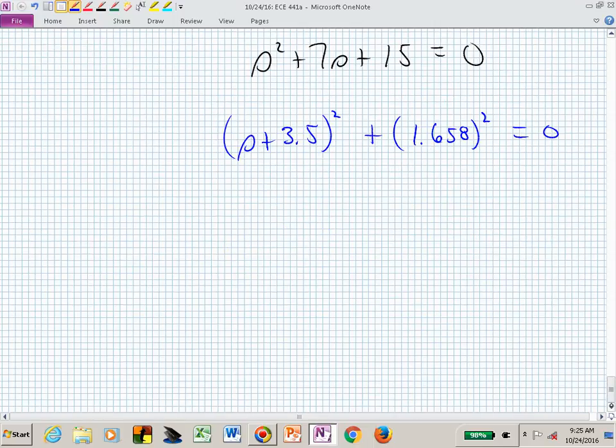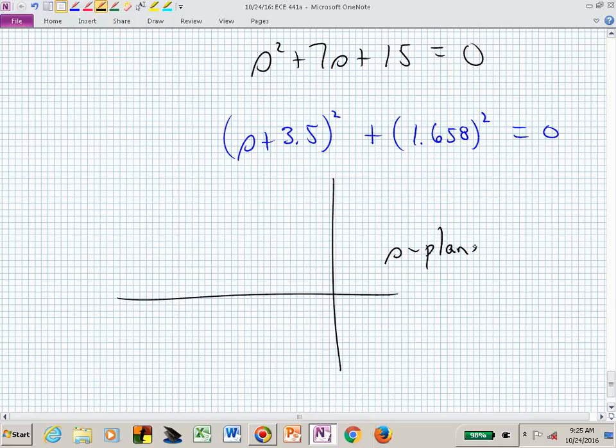Meaning, if we go back to our S plane, we now have migrated from minus 2.5 to minus 4.